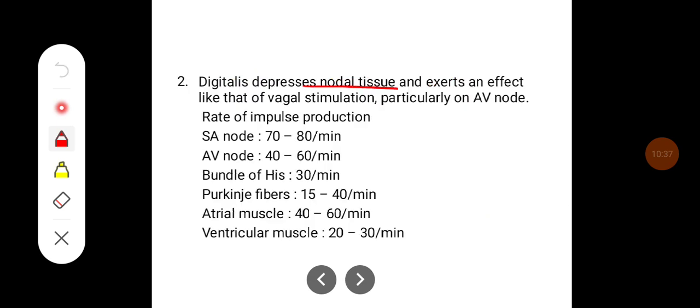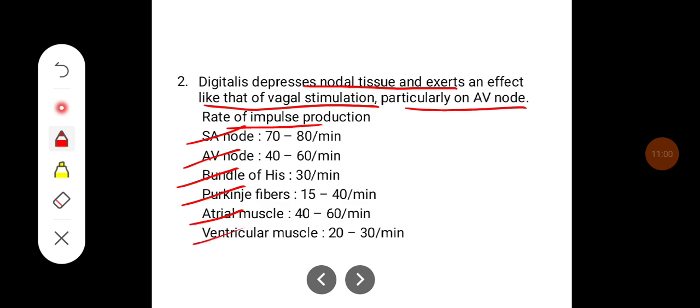Digitalis depresses the nodal tissue and exerts an effect like vagal stimulation, particularly on the AV node. The rate of impulse production in the SA node is around 70 to 80 per minute, AV node 40 to 60 per minute, bundle of His 30 per minute, Purkinje fibers 15 to 40 per minute, atrial muscle 40 to 60 per minute, whereas in ventricular muscle it is 20 to 30 per minute.